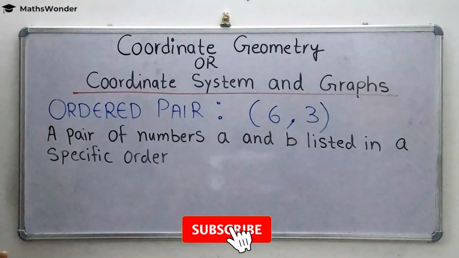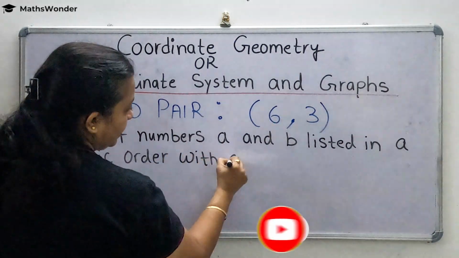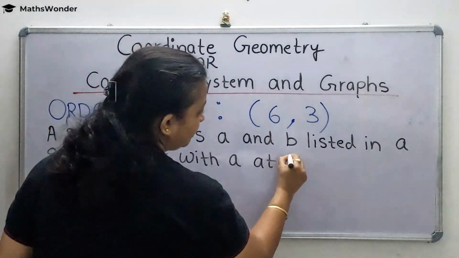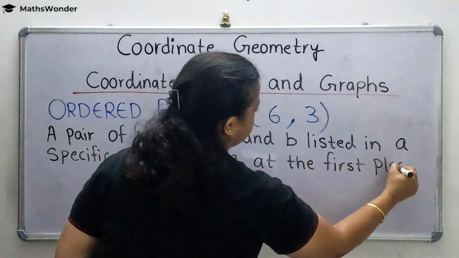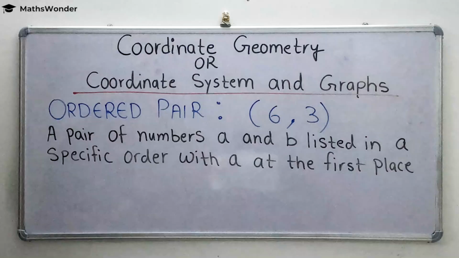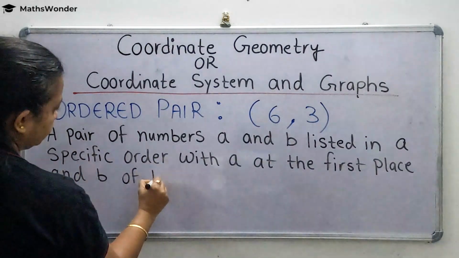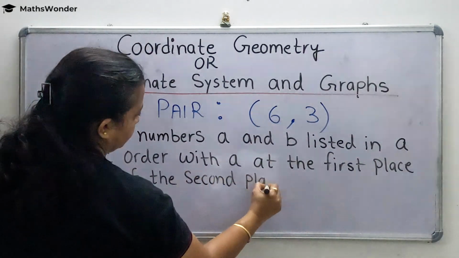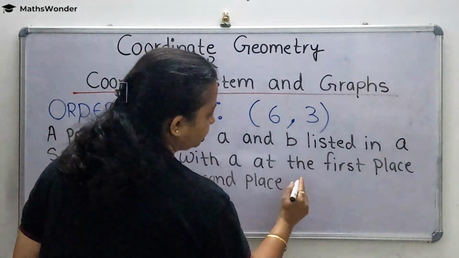I will tell you the variations. Specific order with A at the first place and B at the second place is called an ordered pair.